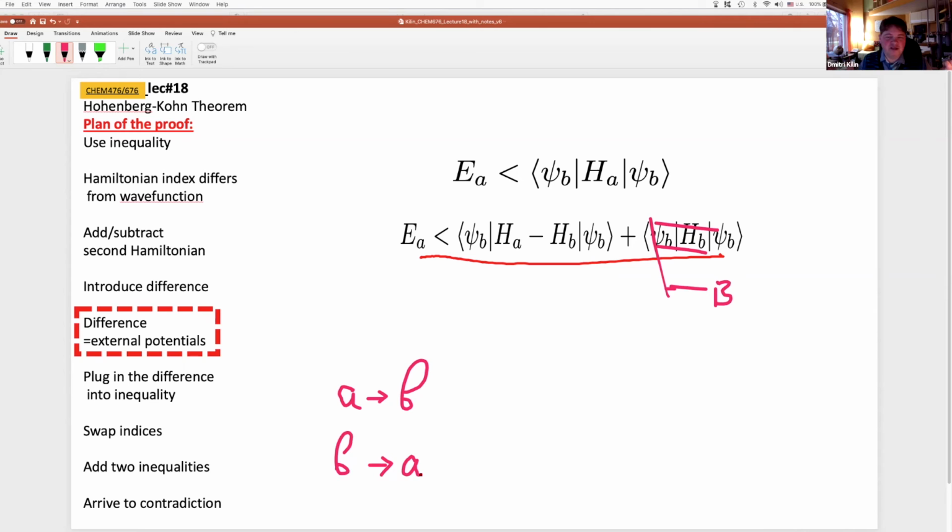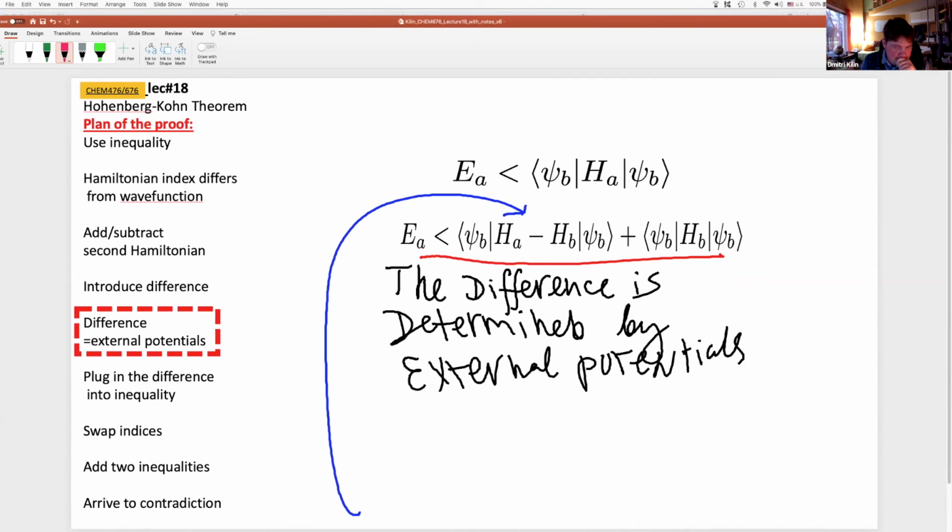If from density we get two minimal energies, two eigenenergies, then it doesn't matter which one is the first. And this again is a type of non-practical logic that people who prove theorems are practicing. Okay. Difference between two Hamiltonians is determined by external potentials because kinetic energies and electron-electron interactions are the same.